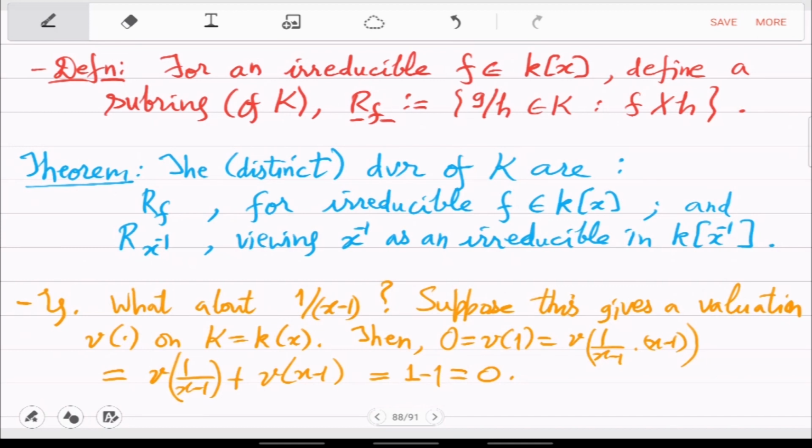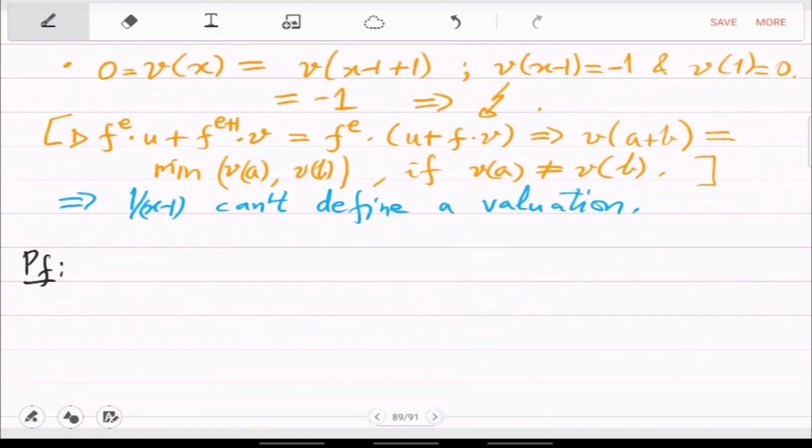Because of that, you get this property that we have shown: the valuation is equal to the minimum. So it isn't just a lower bound, it's actually exactly equal, unless the valuations of a and b are different. Then they cancel out and you can get something bigger, but not here. Any questions?